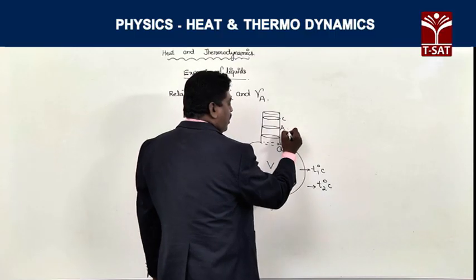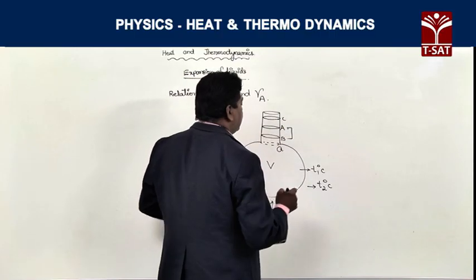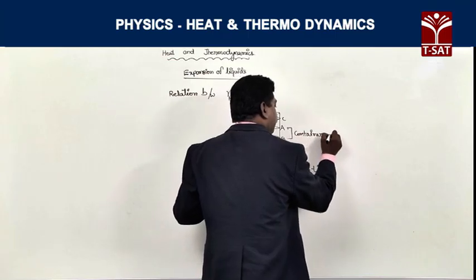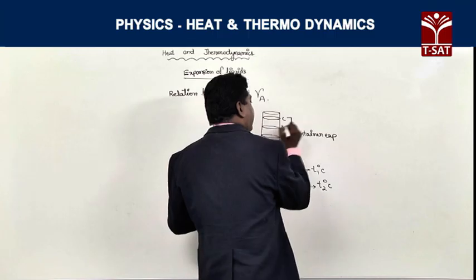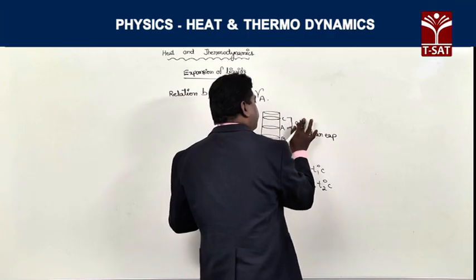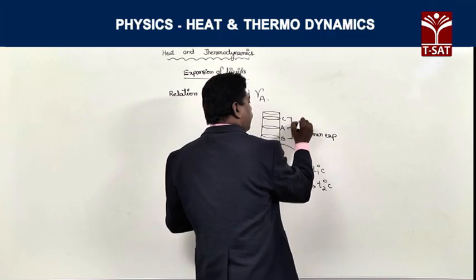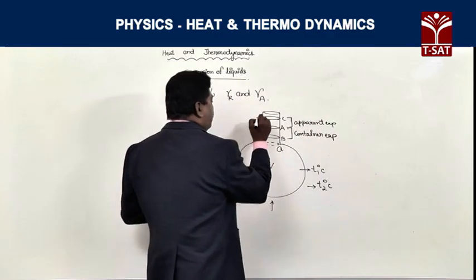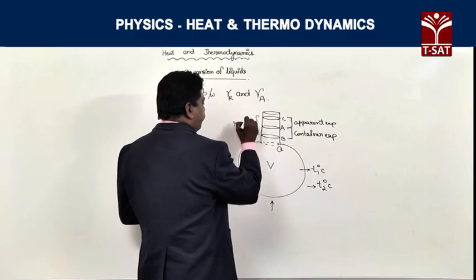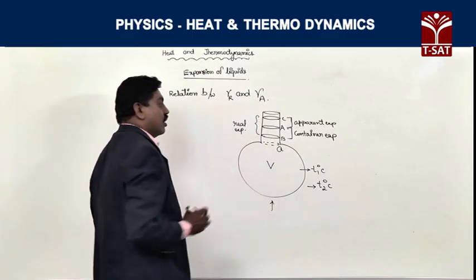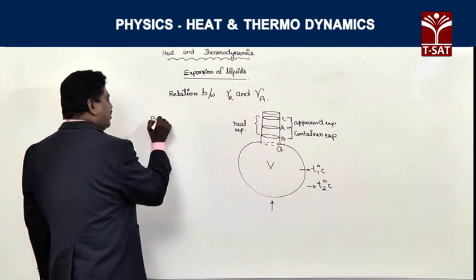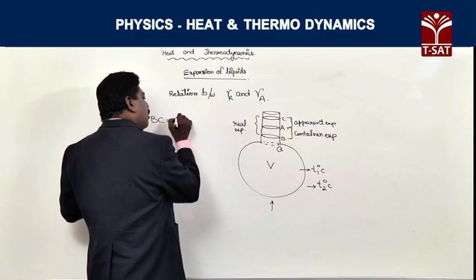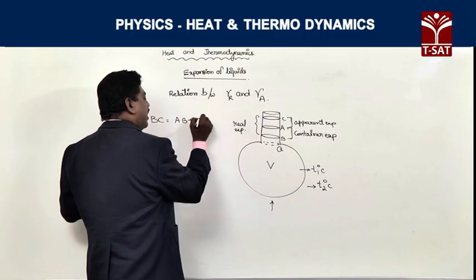In the diagram, AB is taken as container expansion, AC is taken as apparent expansion, and BC is taken as real expansion. We know very well that length BC is exactly equal to length AB plus length AC.